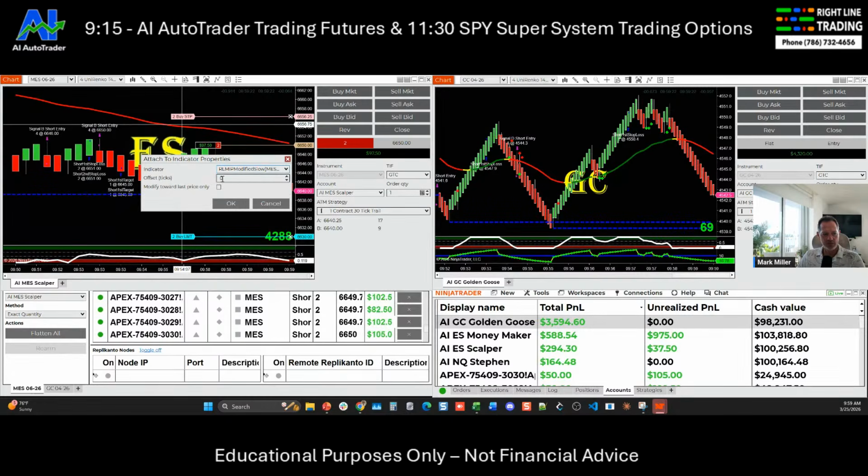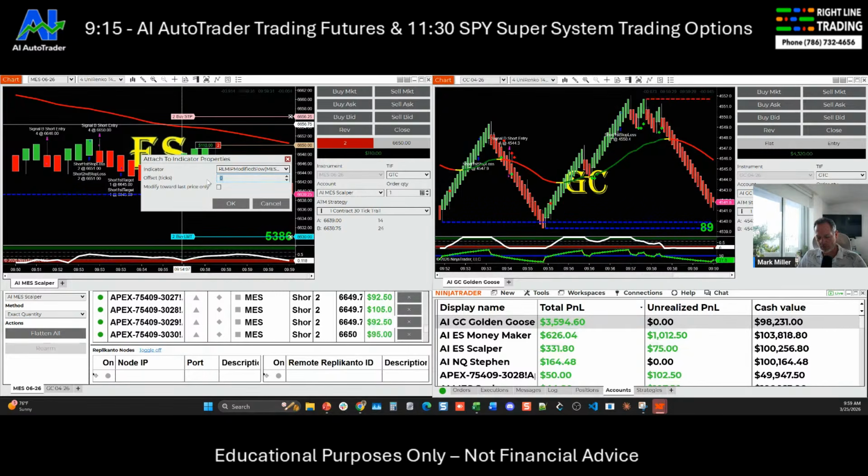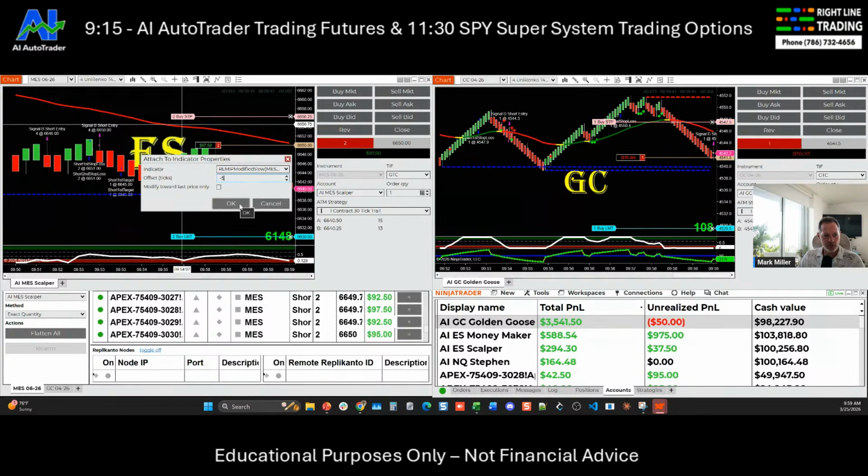And then you have the option here. Now you can move it a certain amount of ticks on either side of that red line. So we'll go a negative two, so you can see it pop on the other side of the 50, because a lot of times price does bounce off the 50.